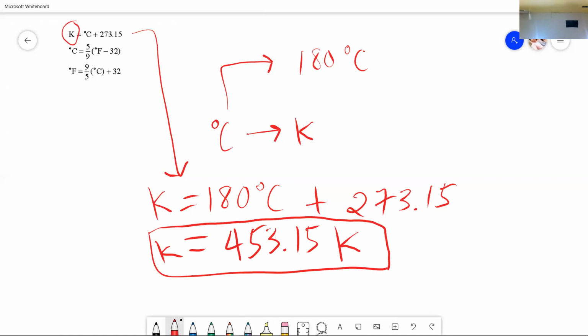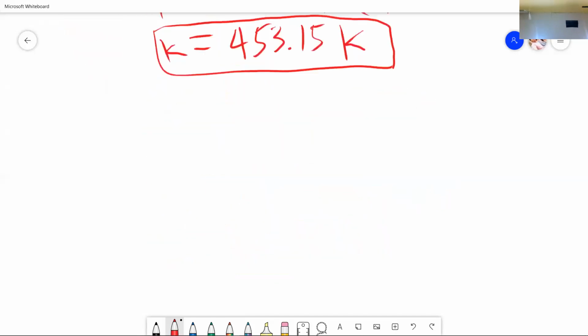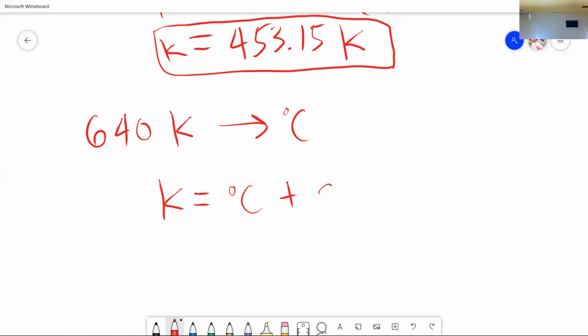What if the given is 640 Kelvin, to degrees Celsius? Since we have the equation K is equal to degrees Celsius plus 273.15, how do we solve that?